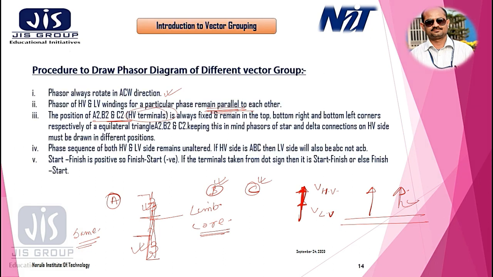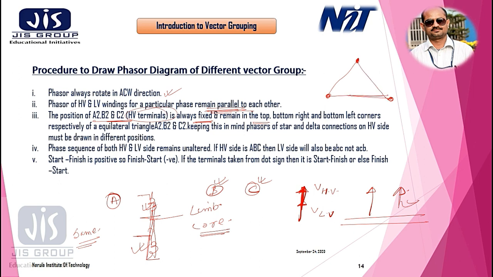So the position of A2, B2, C2 is always fixed, at the top, bottom right and bottom left corner of an equilateral triangle.